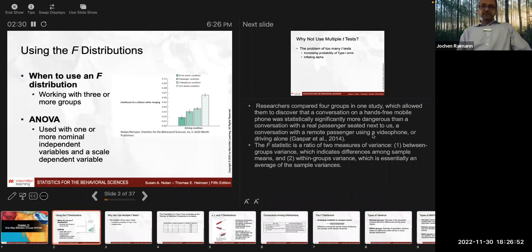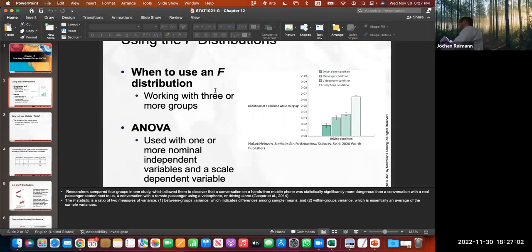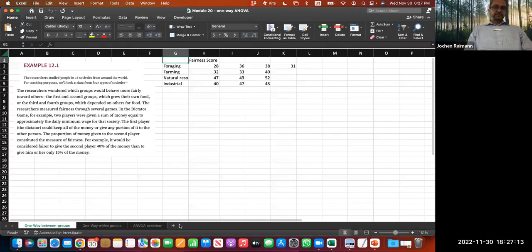And the problem is that you have a type 1 error, which is the error of you rejecting something that you should not have rejected, with each of your tests. And that is problematic.